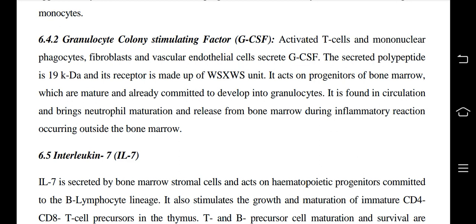The secreted polypeptide is 19 kilodalton and its receptor is made up of a unique subunit. It acts on progenitors of bone marrow which are mature and already committed to develop into granulocytes. It is found in circulation and brings neutrophil maturation and release from bone marrow during inflammatory reaction occurring outside the bone marrow.